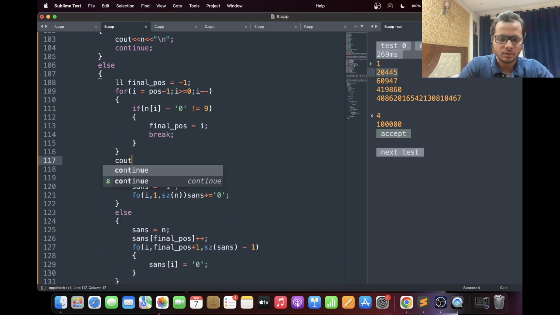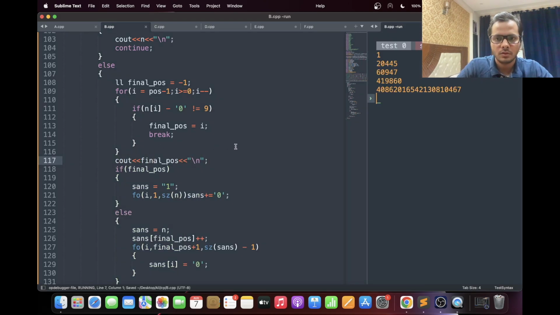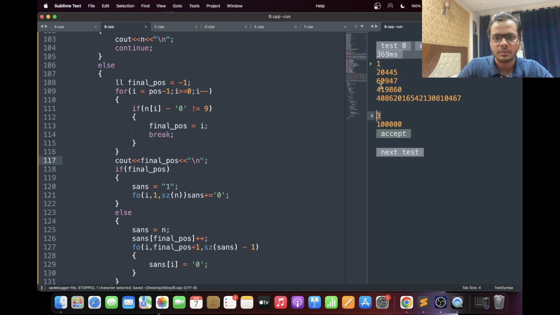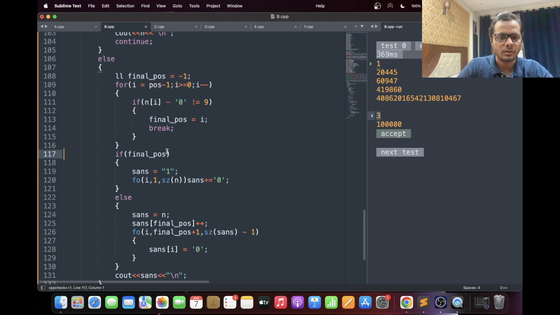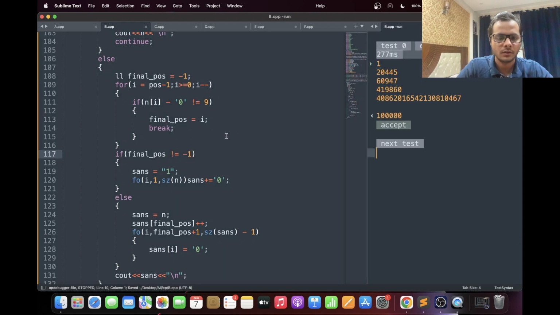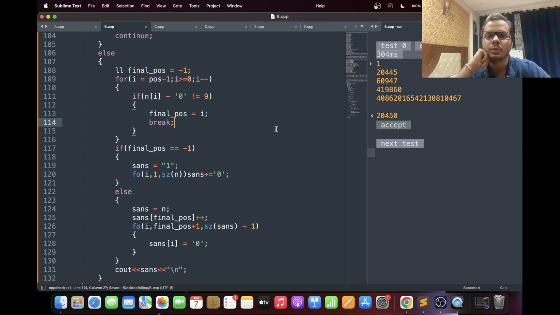What is final pos? Final pos is 3, that's correct. Okay, so if final pos is not equal to -1, that should be there. Equal to -1. So now we are getting 20450, but that's not what we want.